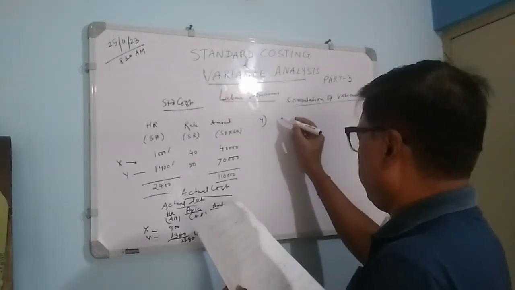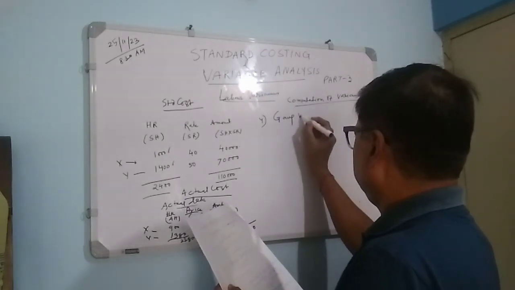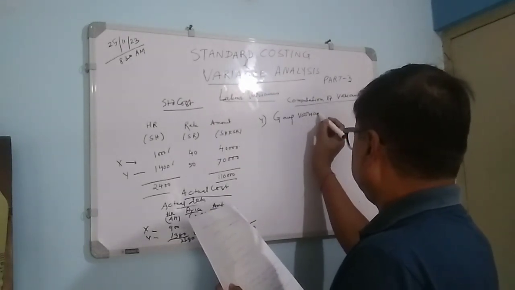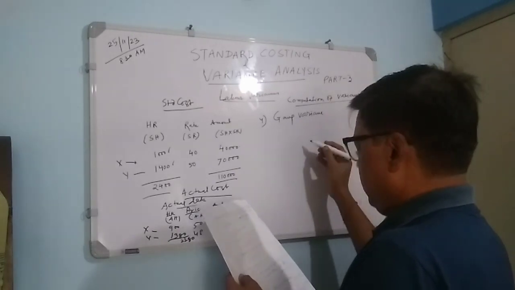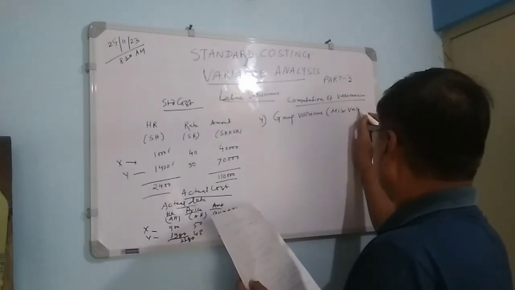Number 4, very important, gang variance. We can otherwise call it the mix variance also.